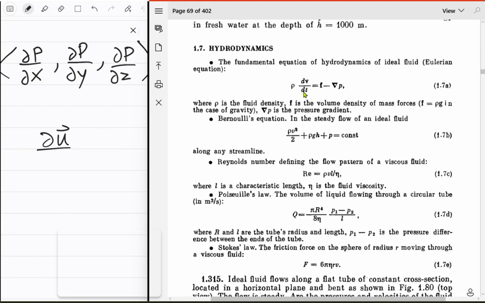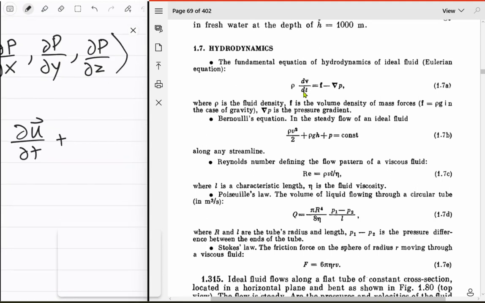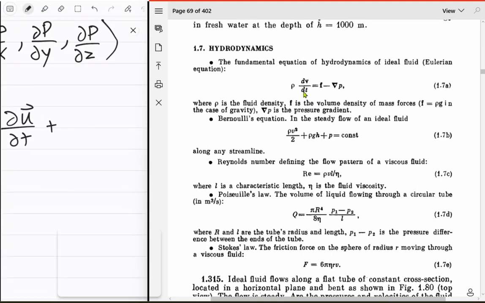So partial u upon partial t plus the other part, which tells us how the velocity of this block is changing because the block is moving in the fluid, and at different places in the fluid you have different u vectors.